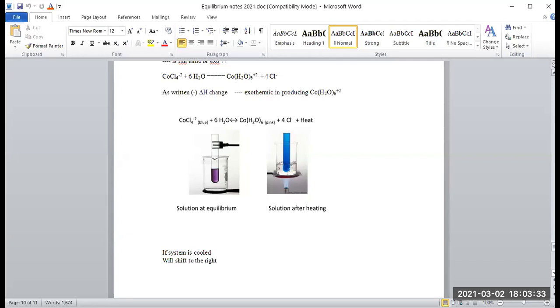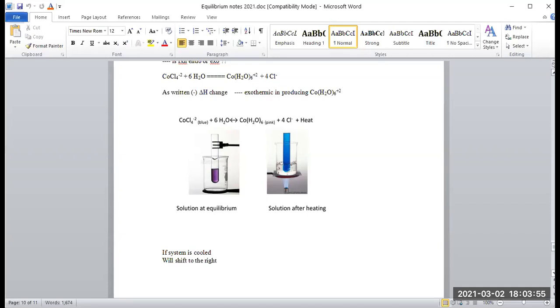And at least to my little eyeballs, the one on the right-hand side there with the little lit Bunsen burner underneath it is blue. Oh, actually, never mind. Okay. Yeah, it's been kind of an odd day.